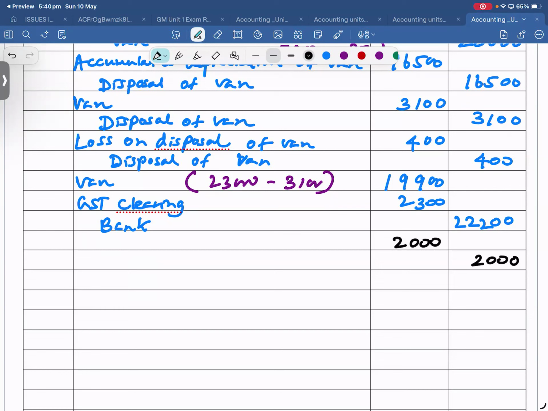Yeah, you debit the depreciation expense of van and credit the accumulated.